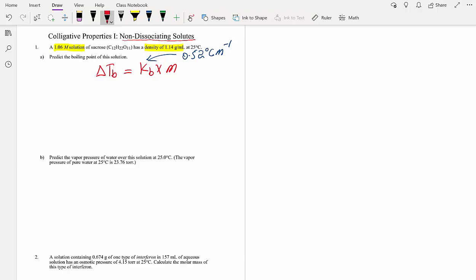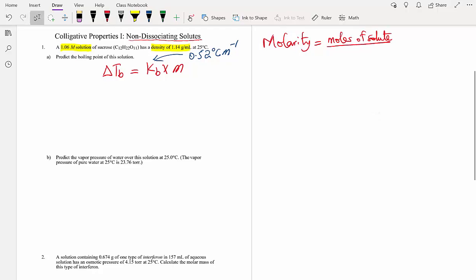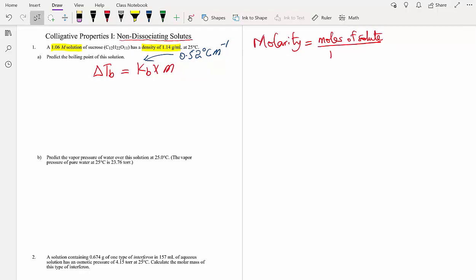The very first thing we want to write out here is that molarity is equal to the moles of your solute divided by 1 liter of solution. Moles per liter.